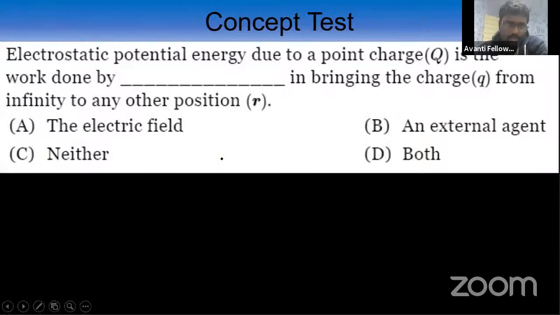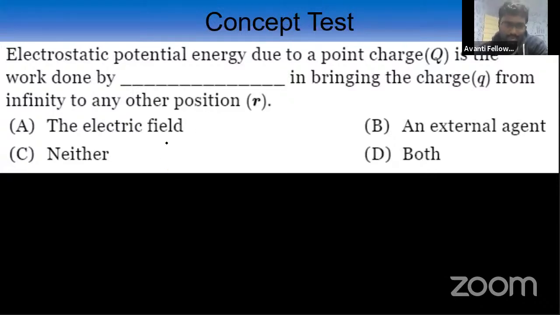Try to answer this question. Electrostatic potential energy due to a point charge is the work done by dash in bringing the charge from infinity to any other position R. So who is doing the work?